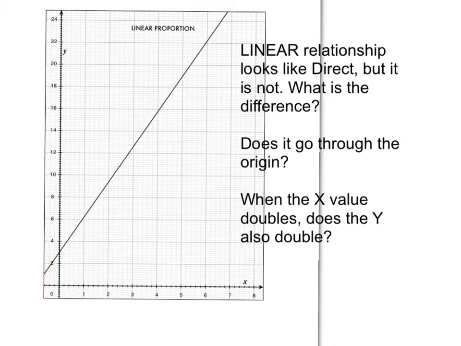It goes through some other point. So as the x values are going up, the y values are also going up, but it does not go through the origin here. And you can look and see when the x value doubles, when I go from 2, which ends up at right about here, to 4, which ends up right about here, do these also double?